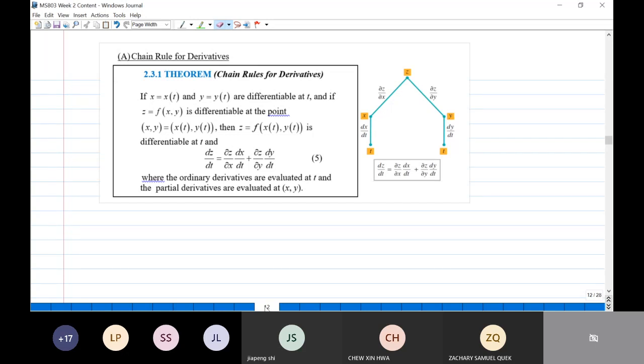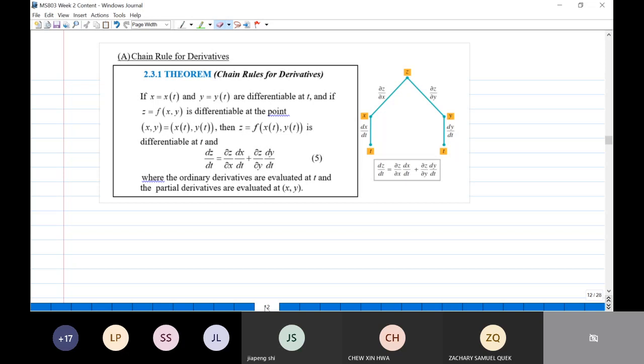Suppose x is a function of time and y is a function of time. Now if you have a z that depends on x and y, we know that when x changes and y changes, z will also change, right? So how do you measure the rate of change of z in time?